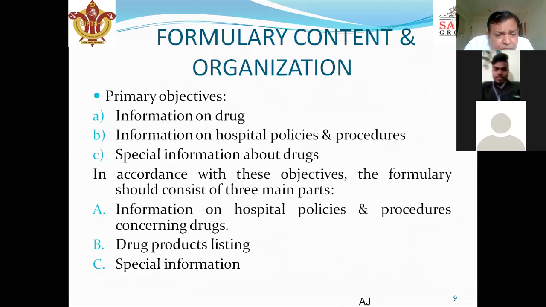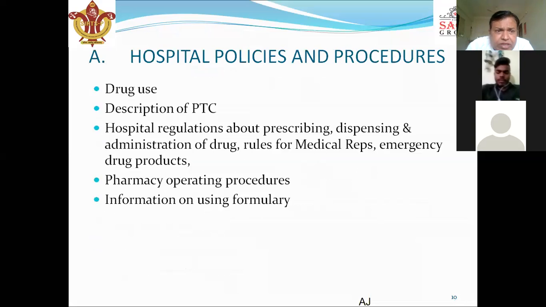Second is the drug product listing, that is, a list of drugs which are available in the hospital pharmacy. In that list, life-saving drugs must be included. Now, special information, if any, is also included in a hospital formulary.